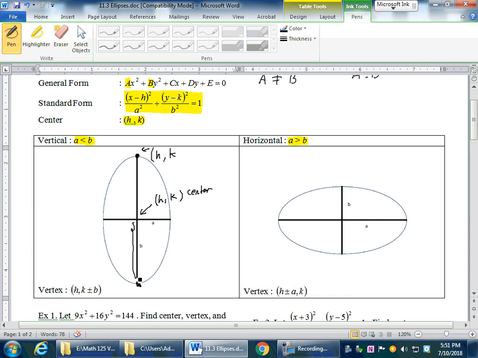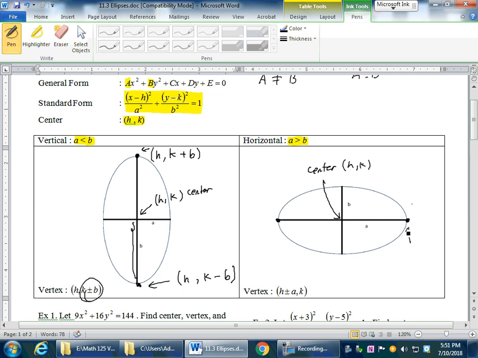This distance right here is B, so it'll be H comma K plus B for the top vertex, and this vertex right here will be H comma K minus B, because it's B units below the center. So that's how we got this formula, with the plus or minus sign. Similarly, if it is horizontal, this is my center, H and K, and the vertex will be on the major axis, the longer axis, which is these two.